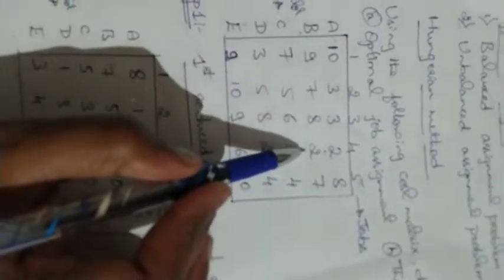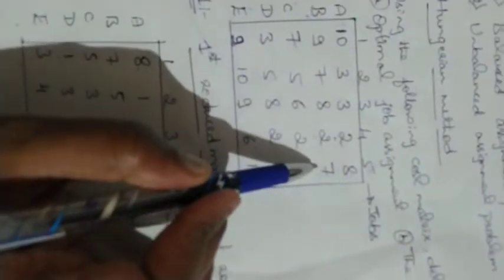In the same way for the second row, identify the minimum value. In this row the minimum value is 2. Subtract the minimum value from the remaining values in this row.